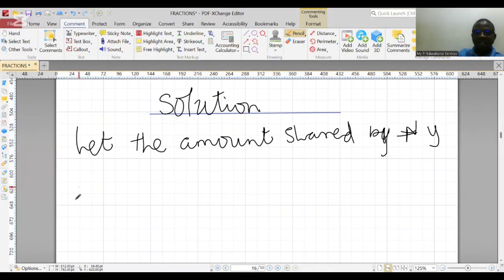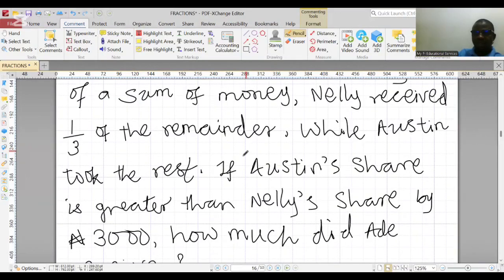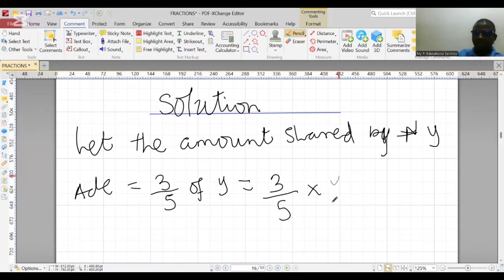It means Ade received, from the question, 3 out of 5 of a sum of money. So that will be 3 out of 5 of the sum of Y. That will give us 3 out of 5 times Y, which is the same thing as 3Y out of 5.